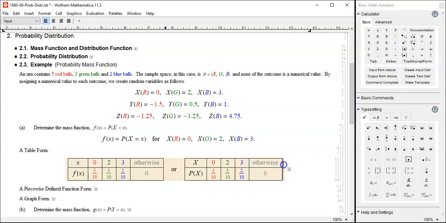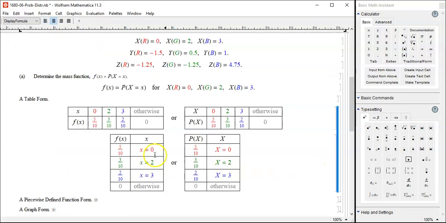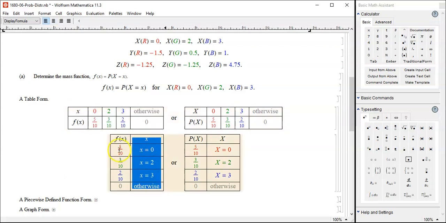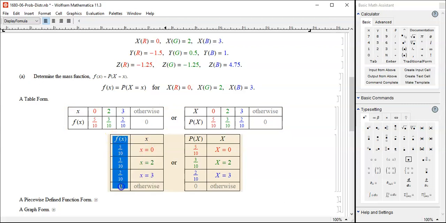Otherwise impossible. Another way to express the same thing, a vertical table. Instead of possible x values and possible probabilities like this, possible x values here, possible probabilities like that. Or if you use the other way around, x comes to the left and then f of x comes to the right, it's going to be okay.